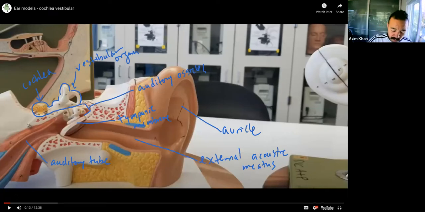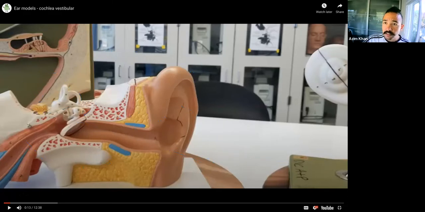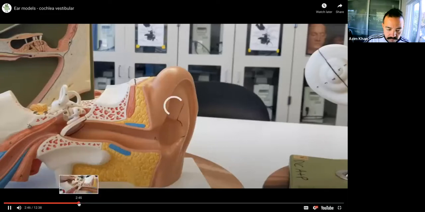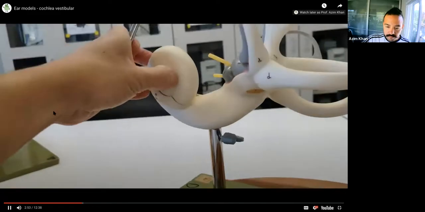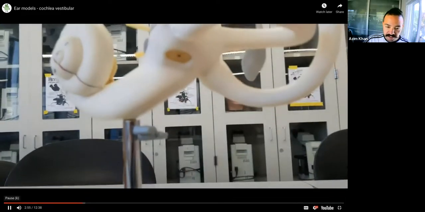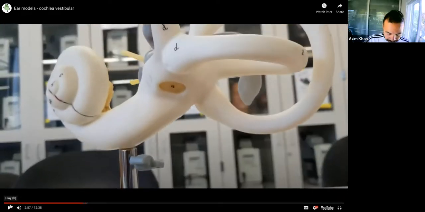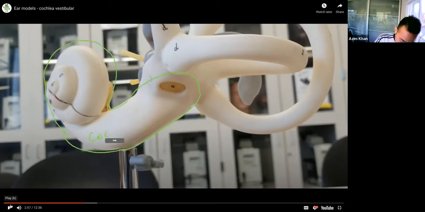If we look at a closer up model of the vestibular organ and cochlea, here is a larger model to show all the different parts. So this snail-shaped thing, that's the cochlea.